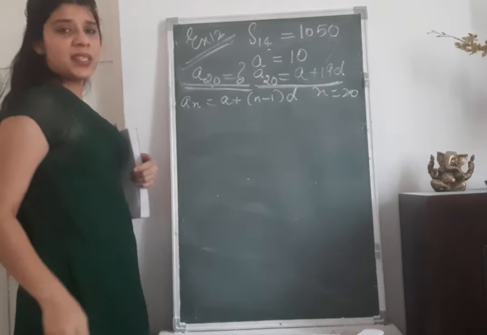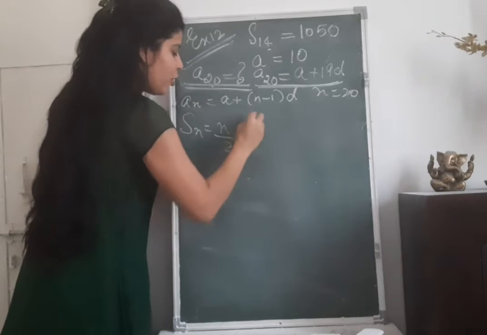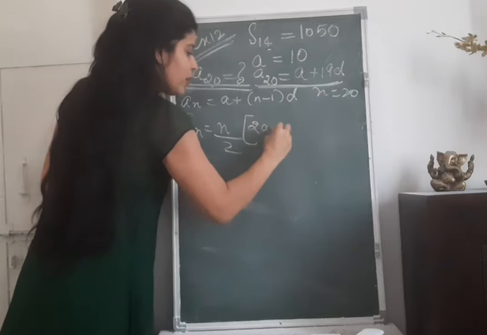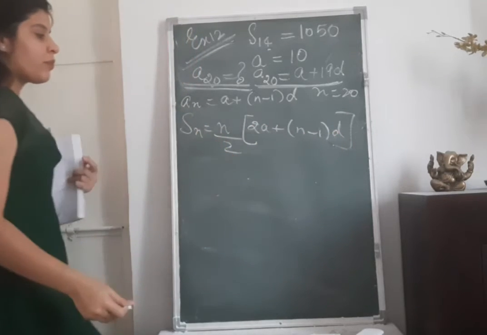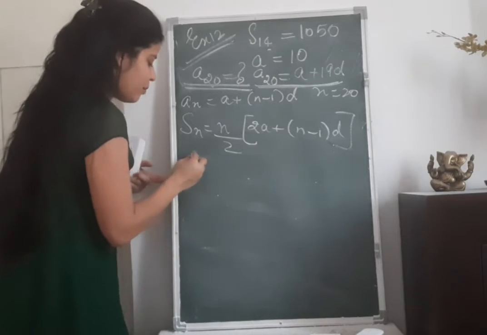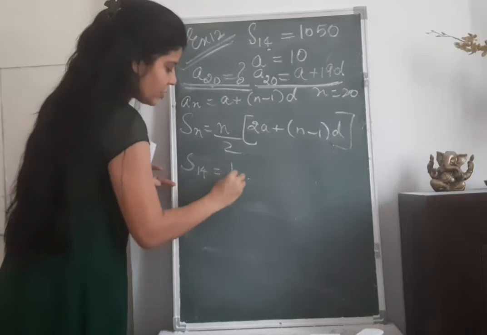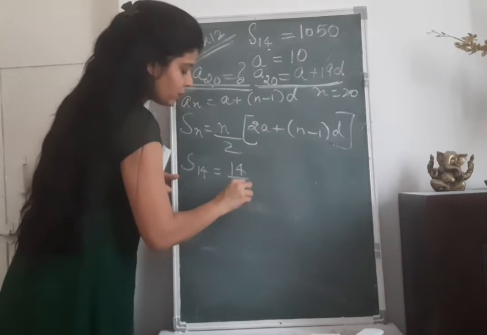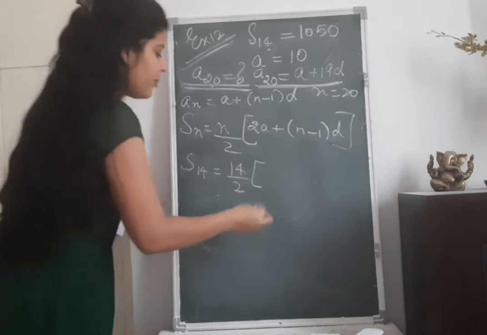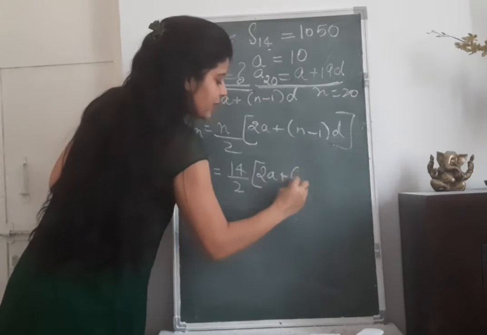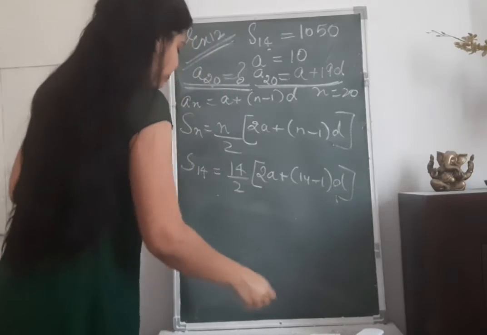Sum of 14 terms is given to you. Sn is equal to n upon 2 into 2a plus n minus 1 into d. Right? So sum of first 14 terms is equal to 14 upon 2 into 2a plus 14 minus 1 into d, right?